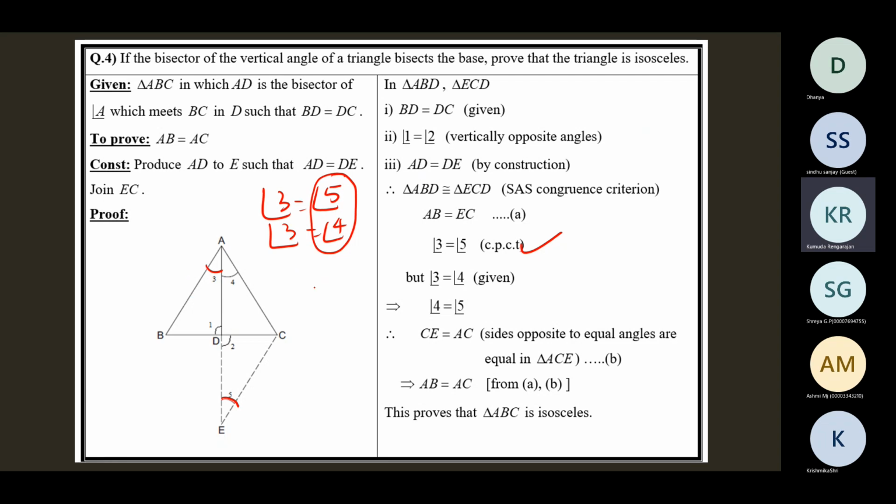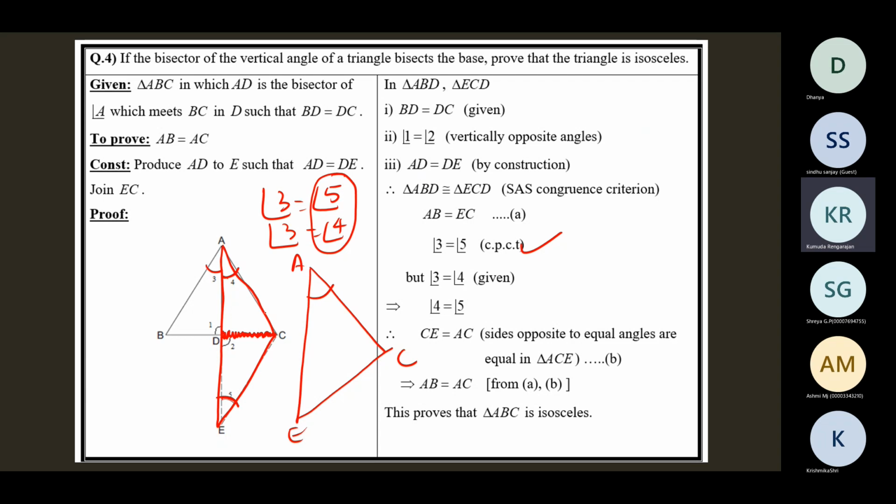Now, if angle 4 is equal to angle 5, see this triangle AEC. I'm not using this line segment in the middle, don't see this one. In this full triangle ACE, angle 4 is equal to angle 5.